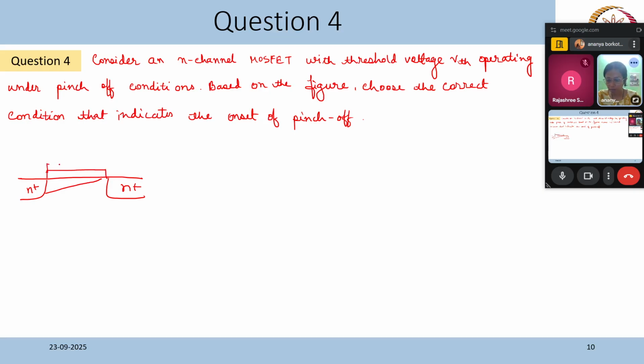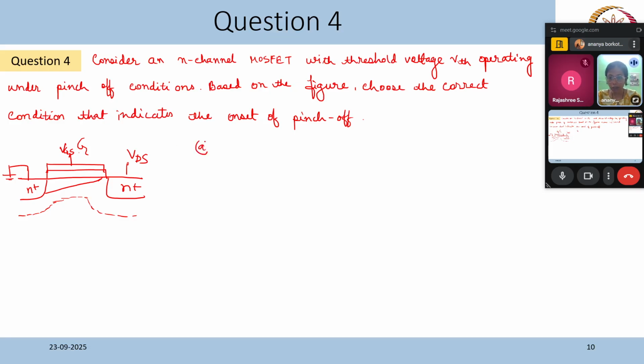This is oxide, this is gate. The source is grounded. This is VDS, this is VGS. I have this depletion layer because this N plus and P substrate junction is in reverse bias. So my figure is given like this.